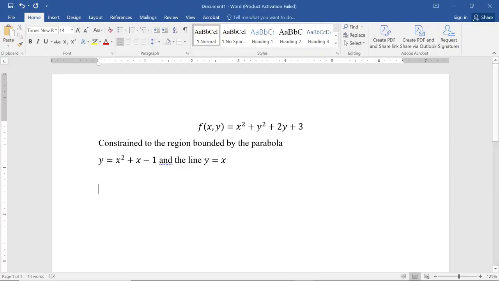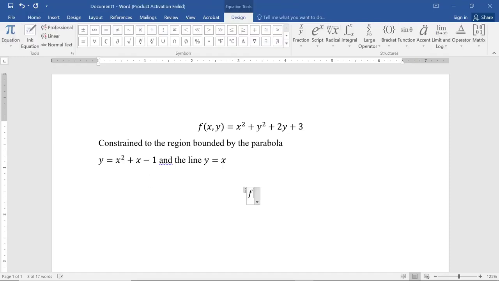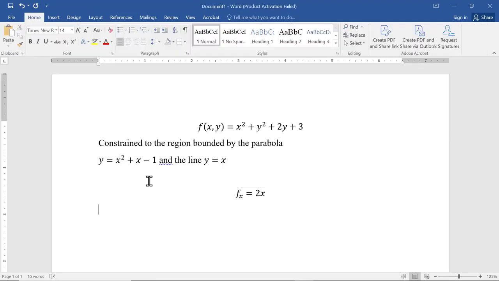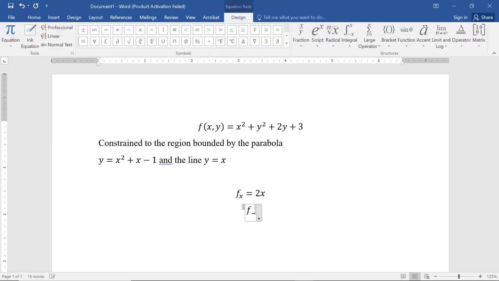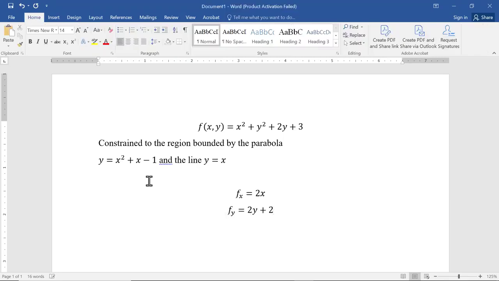So let me redo what we did last time. f sub x was equal to 2x, f sub y was equal to 2y plus 2, setting those both equal to 0 and solving. I'm not going to show that.